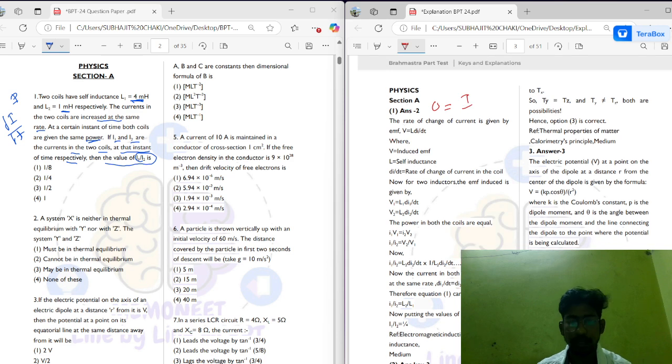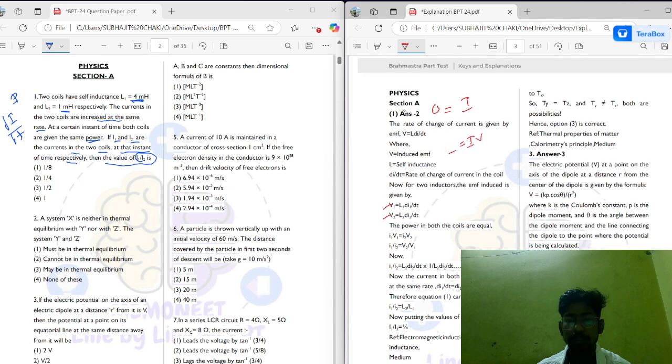And from that you can say these two equations will be V1 and V2, right? We also know that the power equation is power equals I into V. So for the two coils, one will be I1 V1, one will be I2 V2.